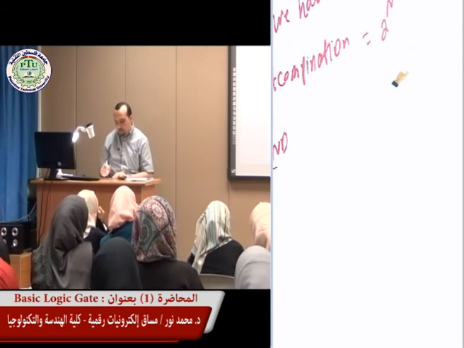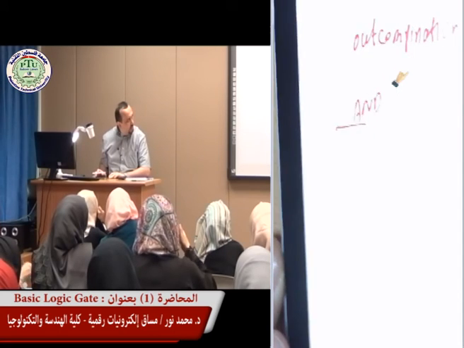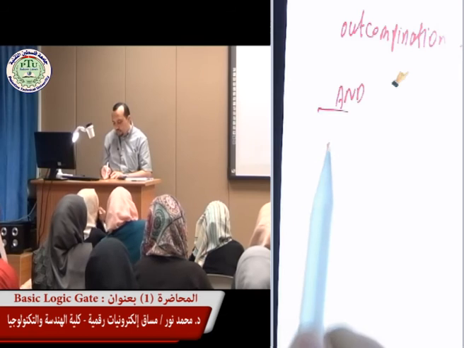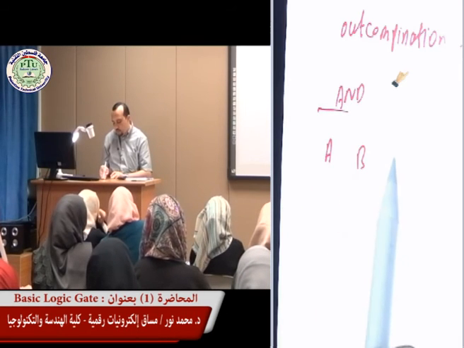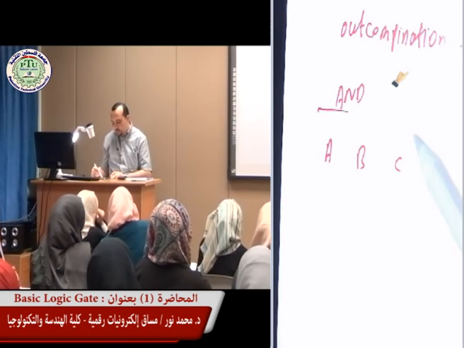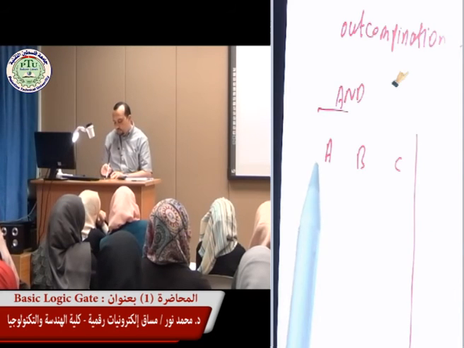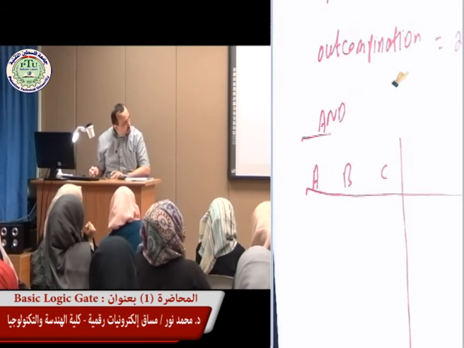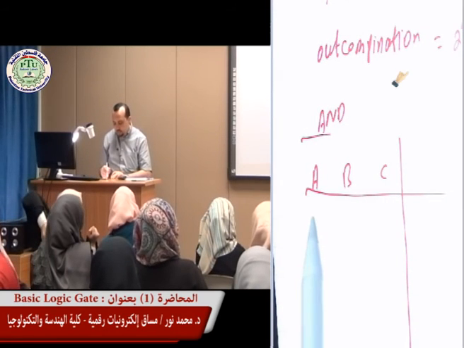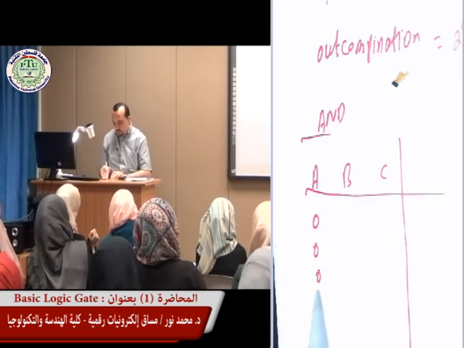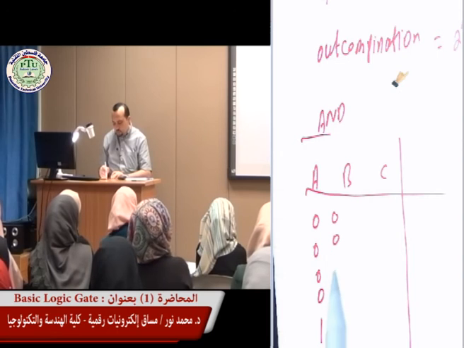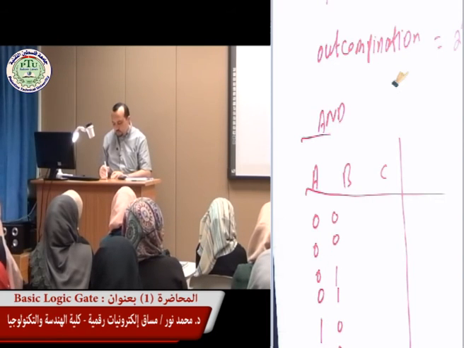فمثلا افرض I have A, I have B. We don't want to make it complicated. C. So we should expect 8 combinations, right? So we have 0, 0, 0, 0, 1, 1, 1, 1. Then we have 0, 0, 1, 1, 0, 0, 1, 1.